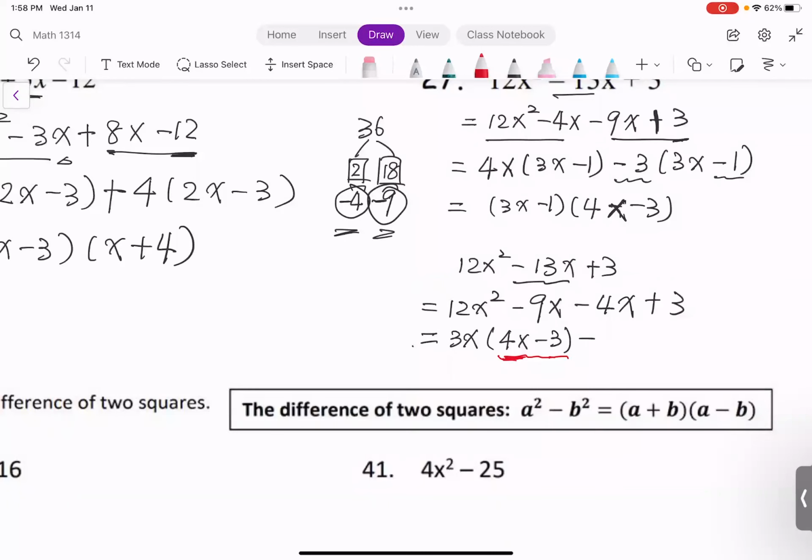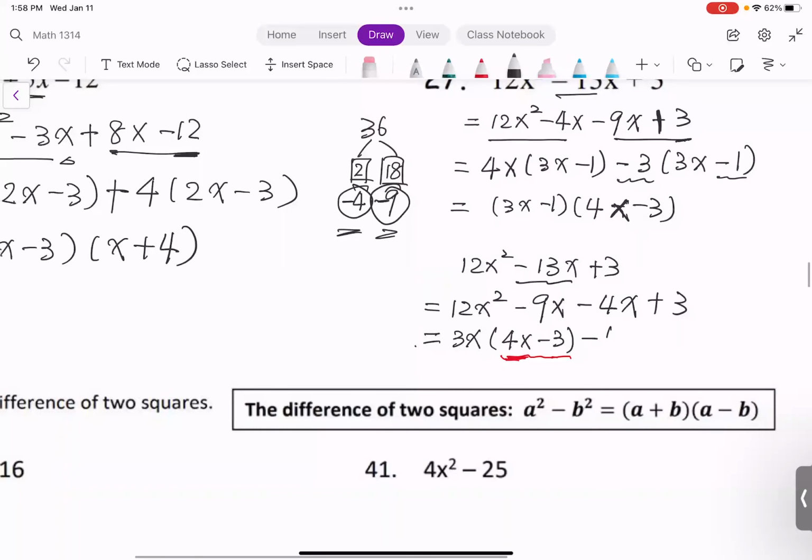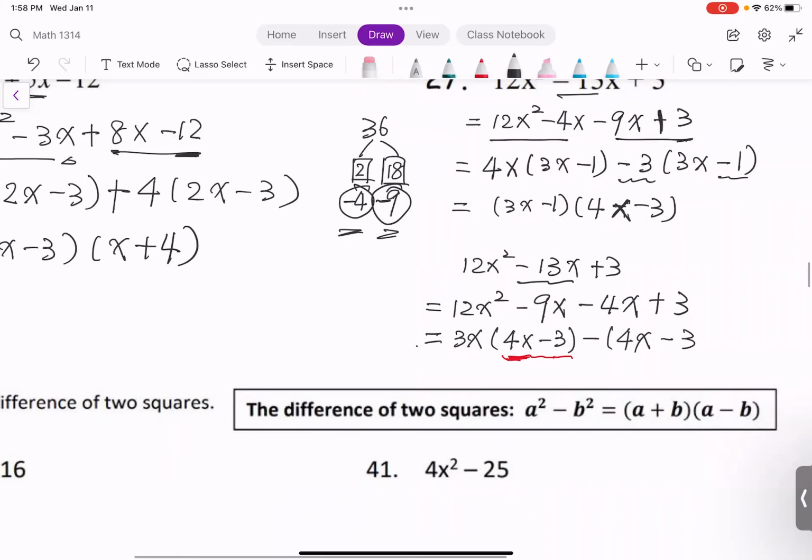That means I must factor out the negative sign from 4x. We have positive 4x left, then minus 3. Continue to factor out the GCF, 4x minus 3. We have 3x minus 1. They are the same result.